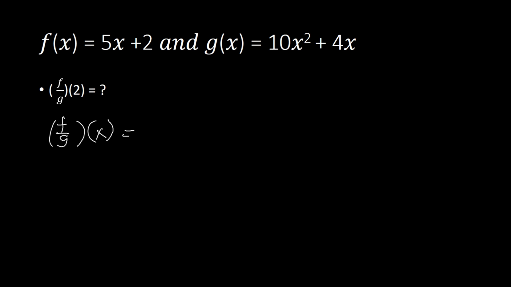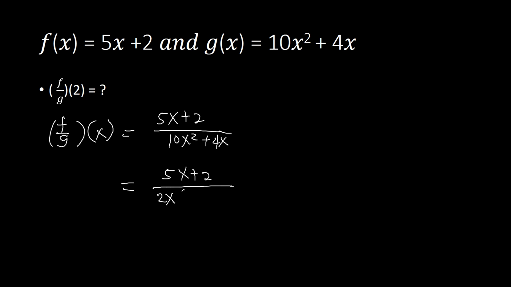So f of x is 5x plus 2 over g of x, which is 10x squared plus 4x. Factoring out the common factor in the denominator, we've got 5x plus 2 at the top. 2x will be taken out as the common factor between the two terms, then we've got 5x and then plus 2.